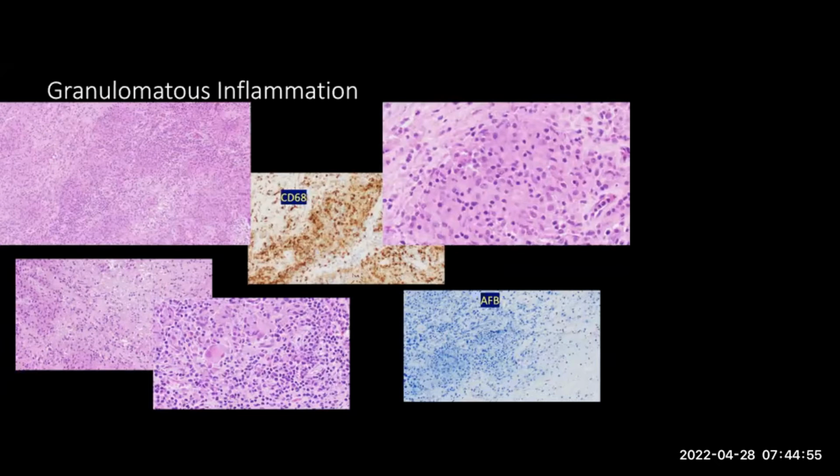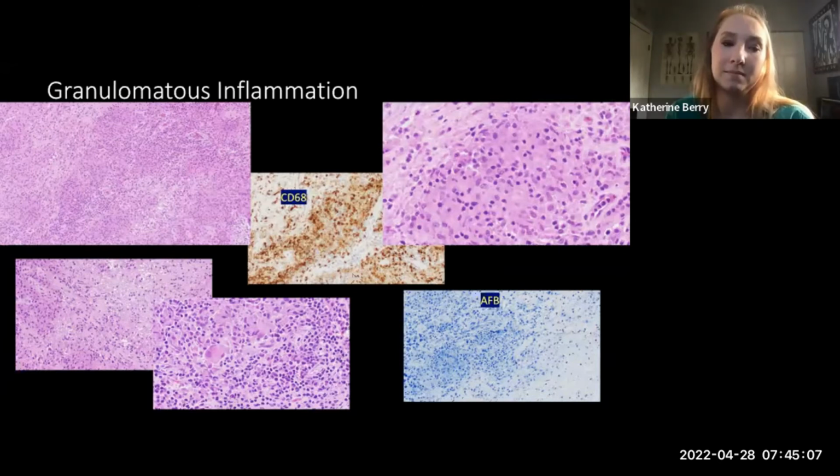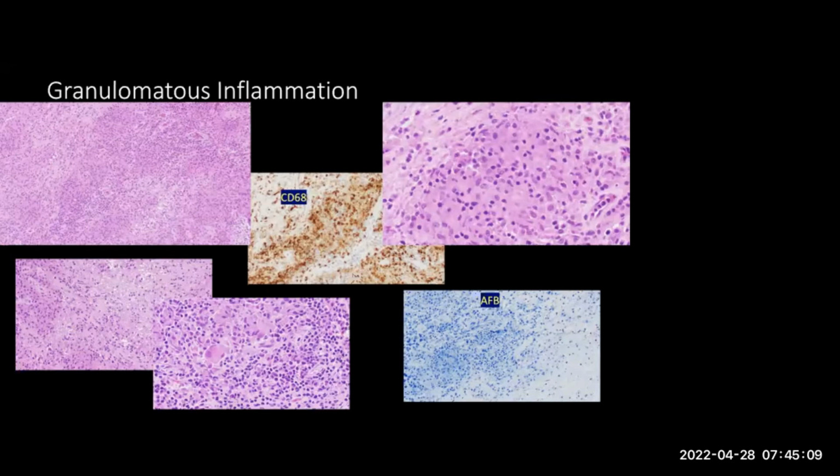So on the left side, you do see at the top a heterogeneous infiltrate with higher and lower cellular areas. On the right side, at the top, you see a discrete dark pink group of cells. These are histiocytes forming the granuloma. And in the middle, you can see that this discrete area is wall-to-wall positive with CD68, which is a macrophage marker.